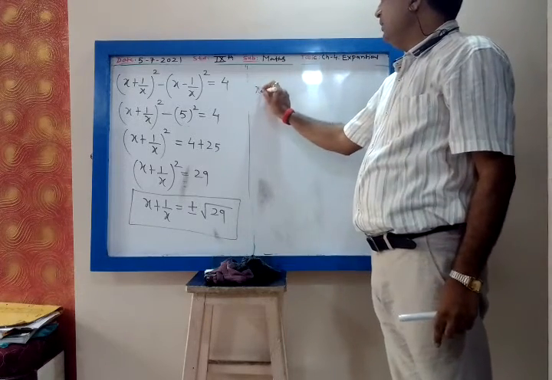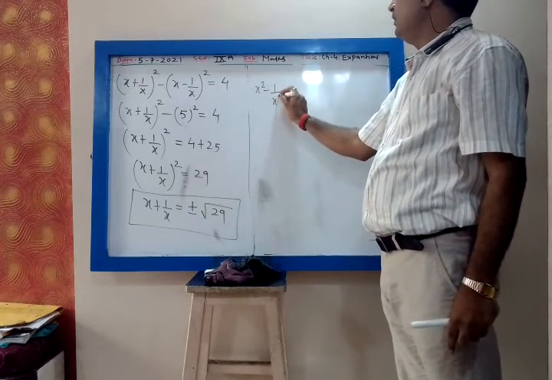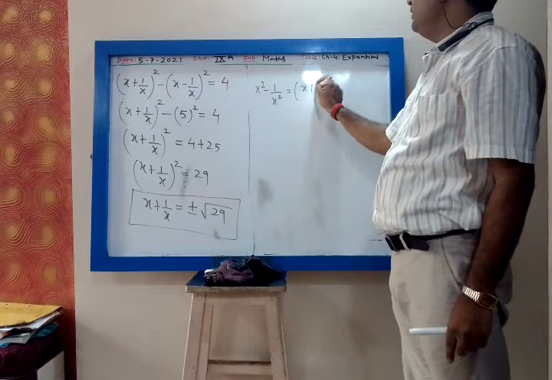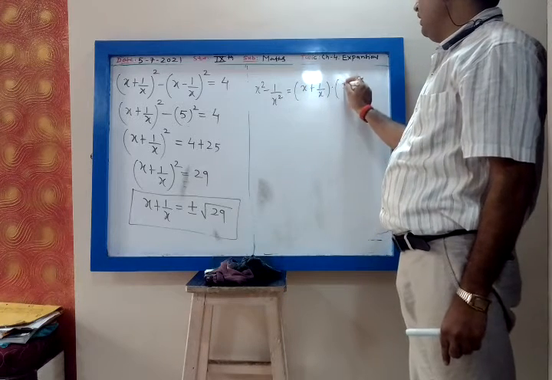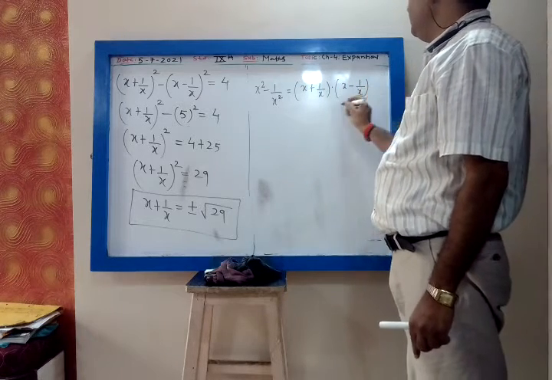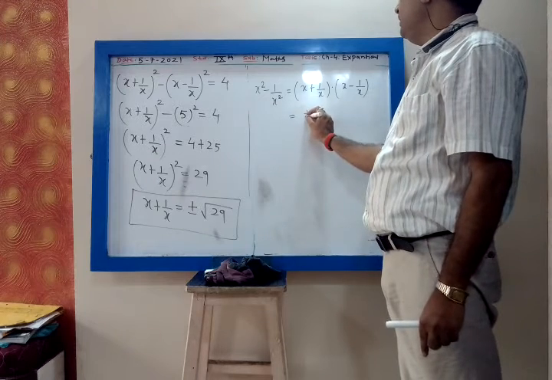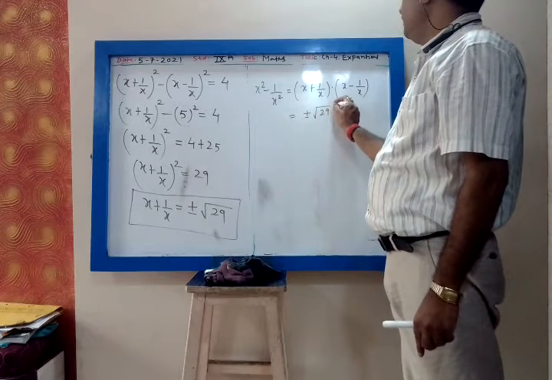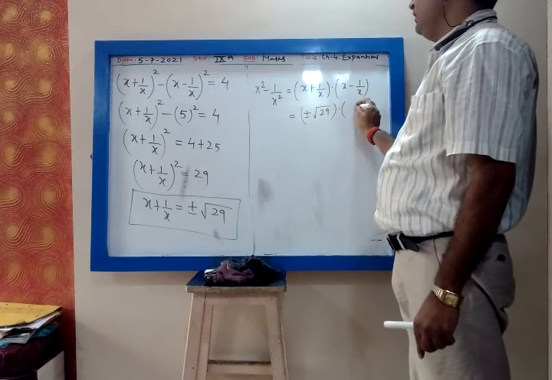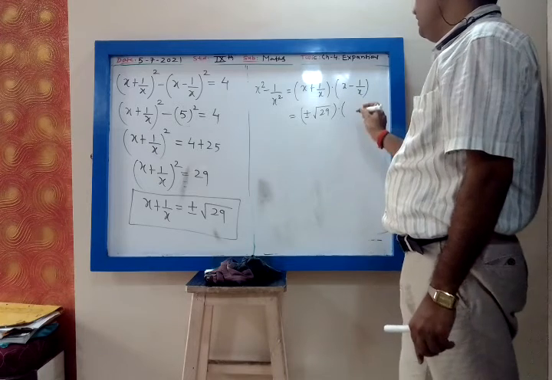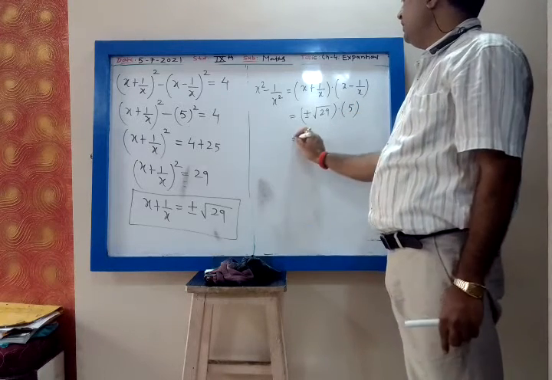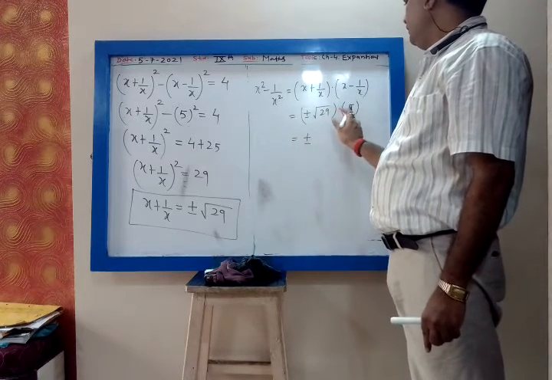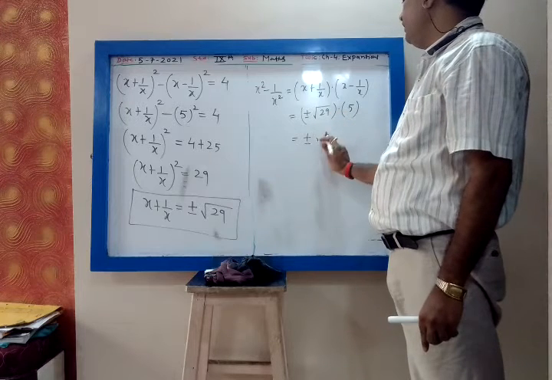So finally x square minus 1 upon x square will be x plus 1 upon x into x minus 1 upon x. X plus 1 upon x is plus minus root 29, into x minus 1 upon x, how much is it given? 5. So the answer is plus minus 5 into root 29, which will be 5 root 29.